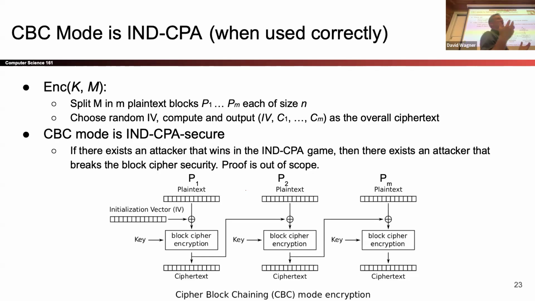If you've done NP-completeness reductions, it's the same kind of concept. Prove that if any attacker could win the IND-CPA game against AES CBC mode encryption, then there's another attacker that could break AES, meaning distinguish it from a random permutation.